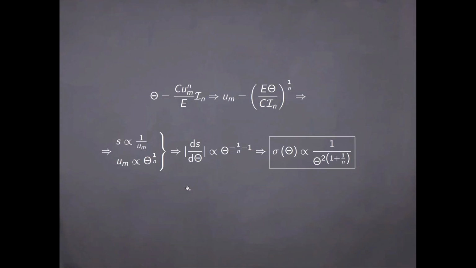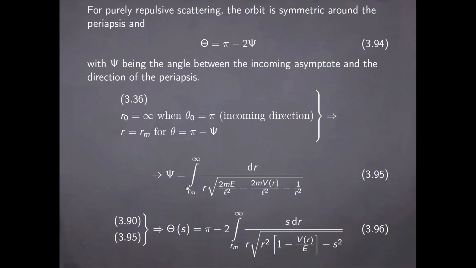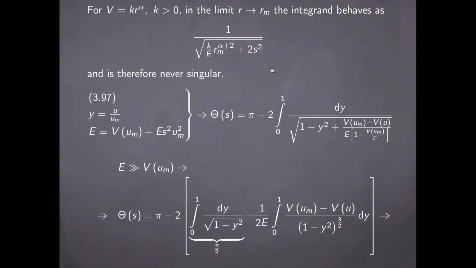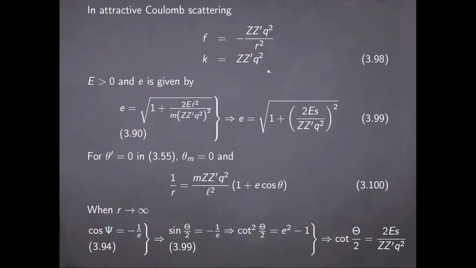And if we go back to formula 394, connecting the angle psi to the scattering angle capital theta, then we can write this expression down for the scattering angle in two equivalent forms, either as a sine or the squared cotangent.